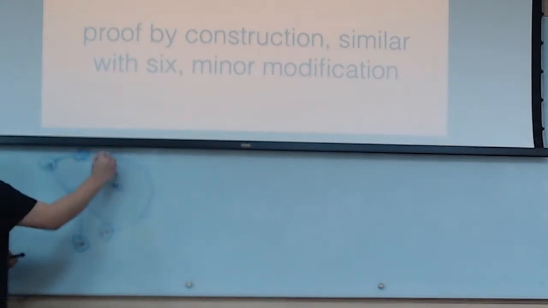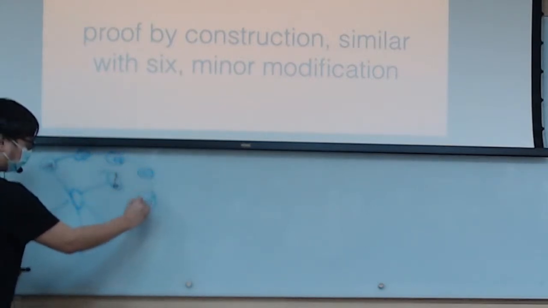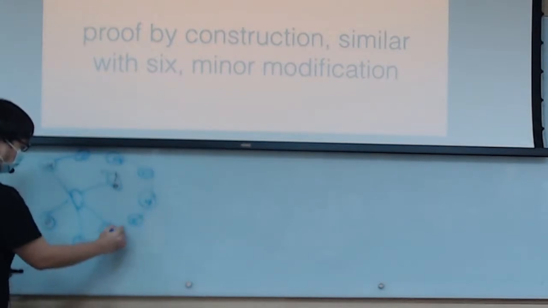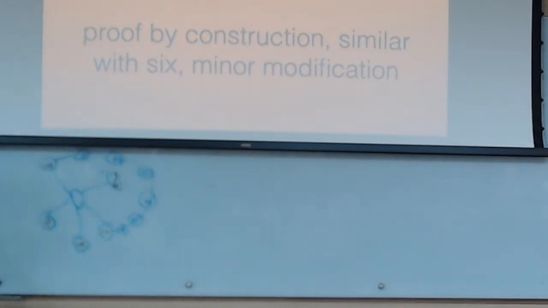So you find this path. If there is no path like this, then you can swap this A to C, and then it's fine. Right? So you can swap this A to C, and if there's a C here, you also switch this to A, right?